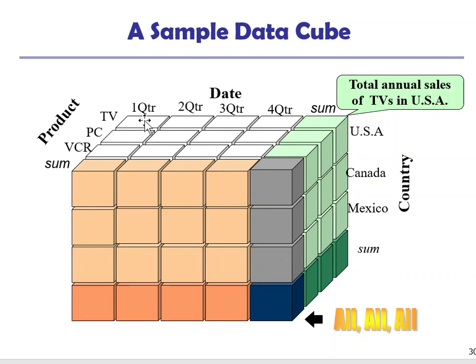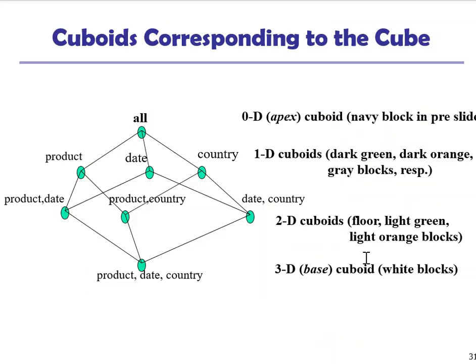Then we're going to get to that block that's in the opposite position of this block on this diagonal line. Okay, so I called it here in this slide the floor.